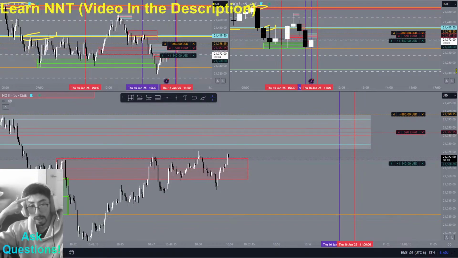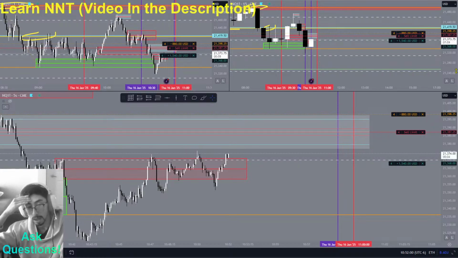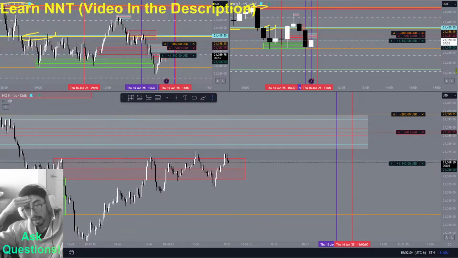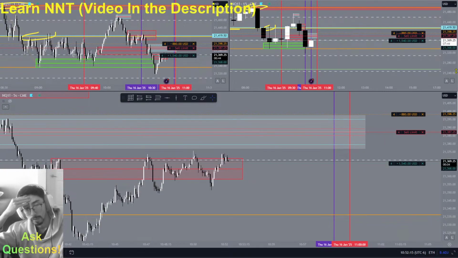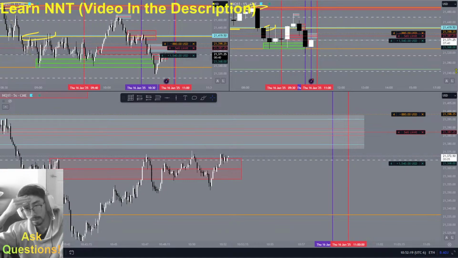So I'm feeling like we're just accumulating here before we dump or shoot up to the sky. And I hate when we accumulate too close to the zone. It's like it's teasing me, like, oh, you want your stop loss hit, buddy? I'm gonna give a little bit of time right now, but I'm more likely gonna pass on this.